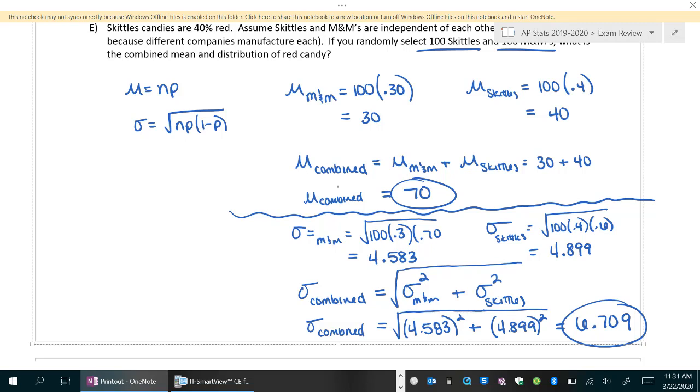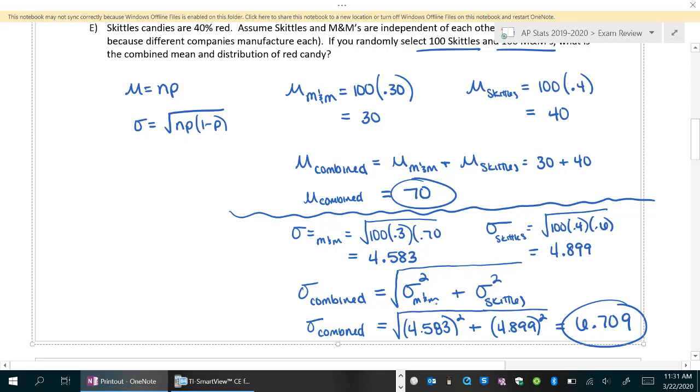Standard deviation, unfortunately, is not quite so simple. I started again by finding the standard deviation of each type of candy, so the square root of n times p times 1 minus p. For M&Ms, I get a standard deviation of 4.583. For Skittles, 4.899. Now, you cannot add standard deviations. You can only add variances.